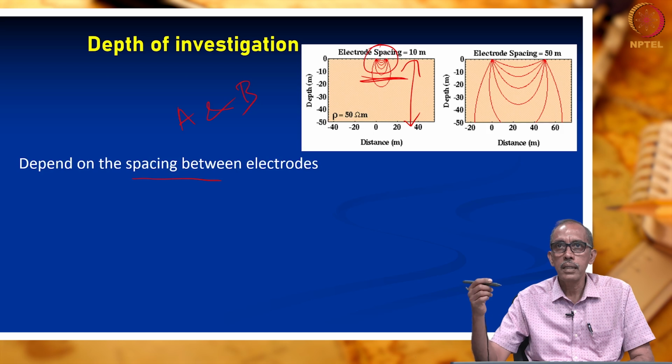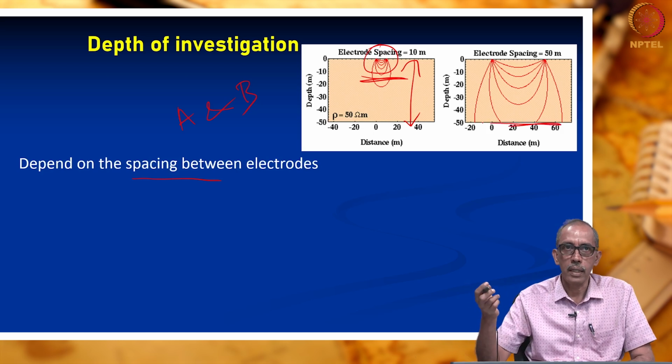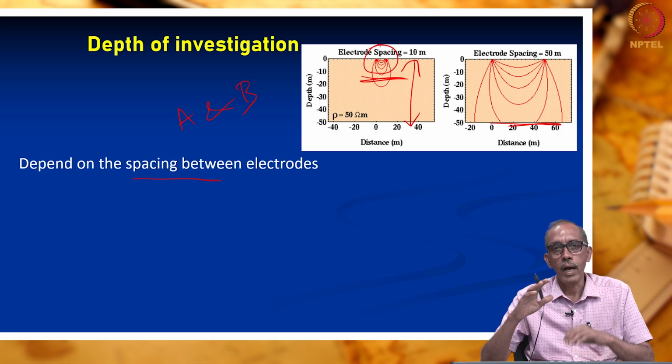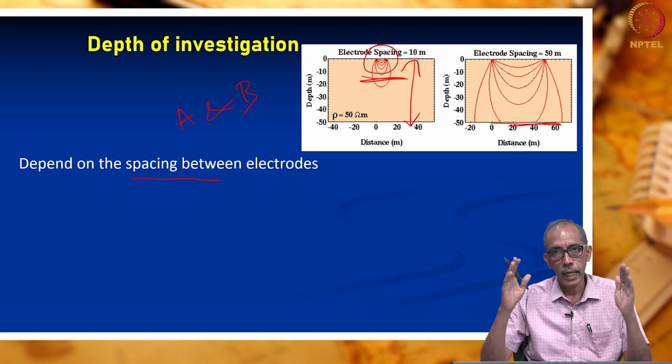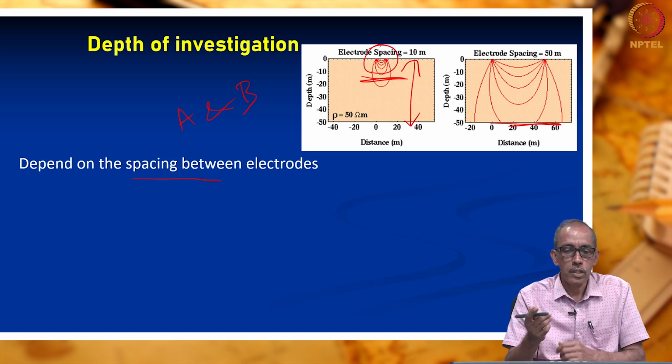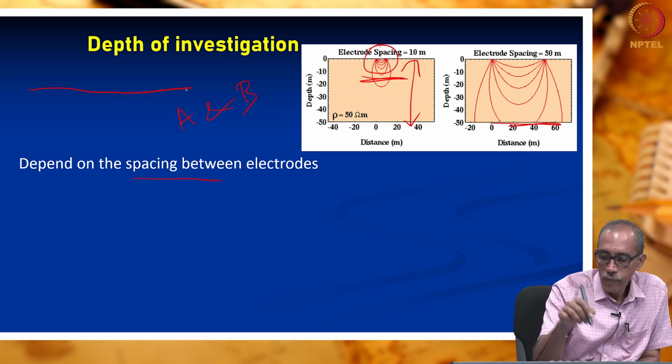When you increase the electrode spacing, depth of investigation also increase. So, what is very clear is when you keep moving the electrodes to greater distance, depth of penetration also will increase.